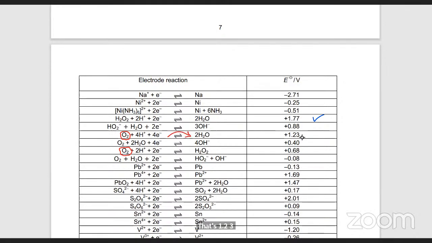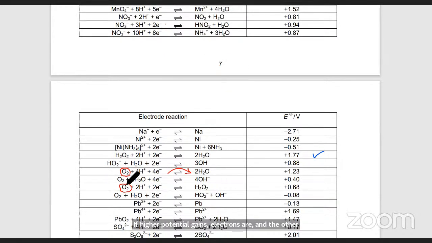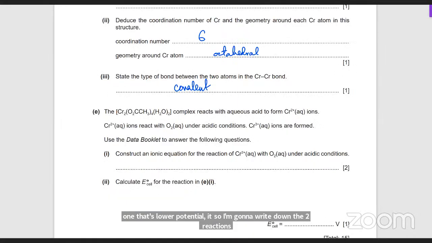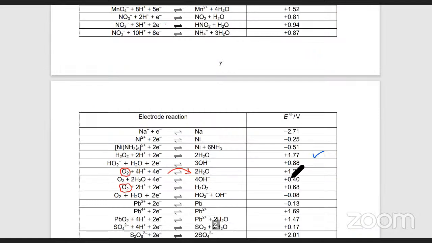Okay, so that's your two reactions. Oxygen acidified, higher potential, gains electrons, and the other one is the lower potential. So I'm going to write down the two reactions. First, this one: oxygen plus 4H+ plus 4 electrons, forming 2H2O. The value for this was 1.23 volts.